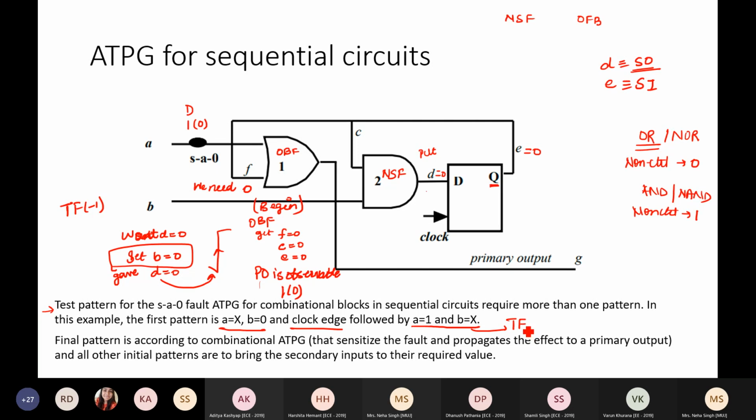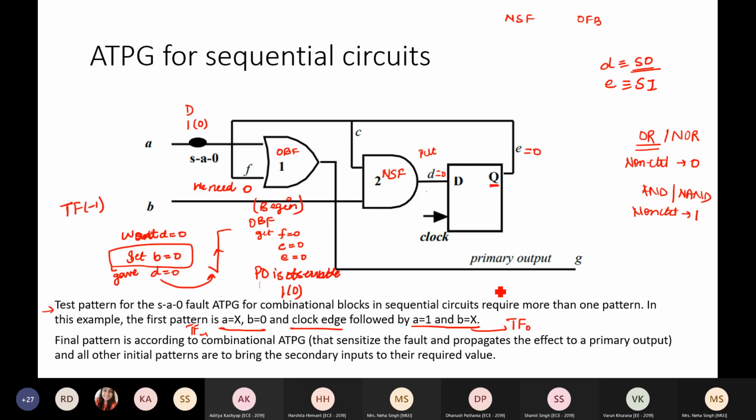So at TF0 the fault is observable only if during TF-1, if I give this input test pattern so that I control my secondary outputs, right? So I required 2 test patterns to detect one fault at the primary output, right?